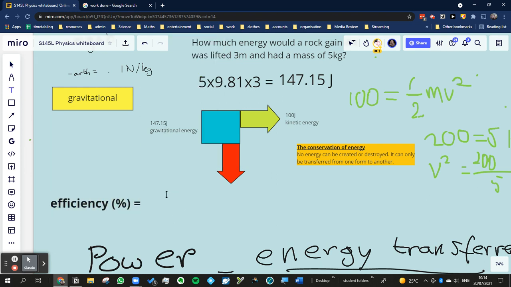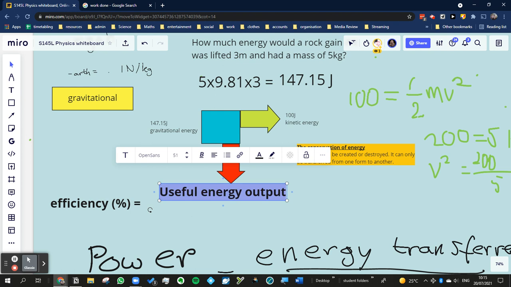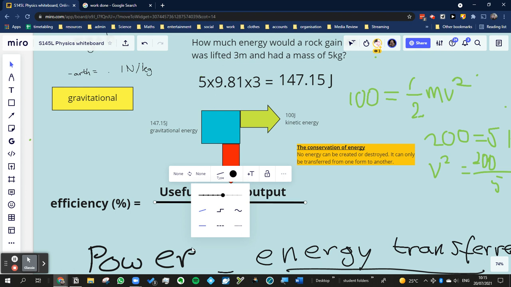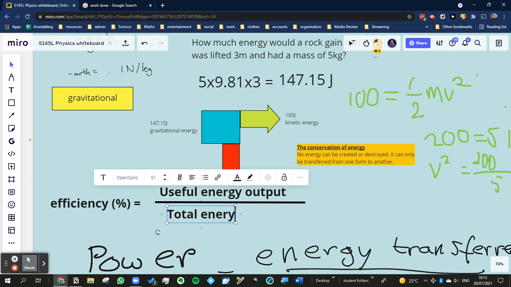So that's equal to the useful energy output, and I'm just going to do an underline here, and that's divided by the total energy input.